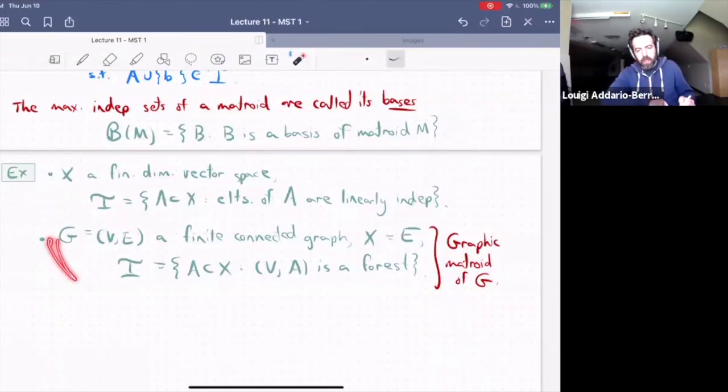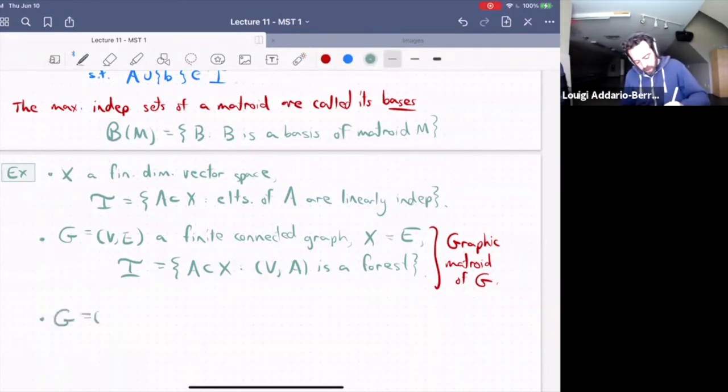For graphs, this is saying if you have two forests and one of them has more edges than the other, then there's some edge from the bigger forest that joins distinct connected components of the smaller forest. So you could add it and maintain that you see a forest. Okay, so that's maybe obvious to you, maybe not, but either way, it's a fact that's required in order to verify the conditions of being a matroid.